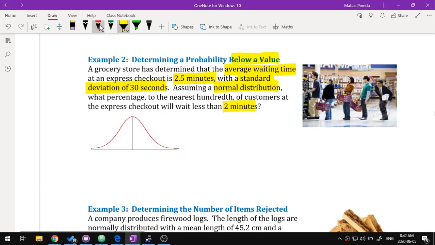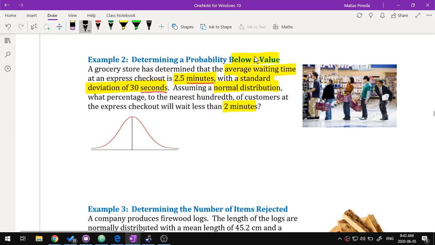So the first thing we have to notice here is that the average wait time is using minutes as the unit, while the standard deviation is using seconds as a unit. We need to make sure we are working with the same units.